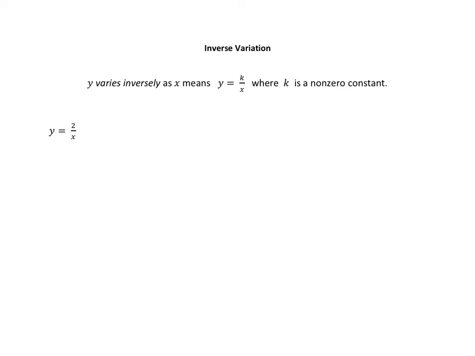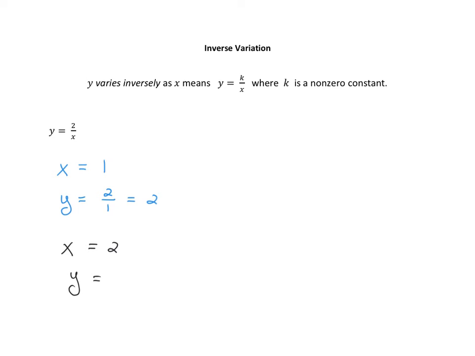So if you want to investigate what's going on, again, you could put in some numbers. Like, if x is equal to 1, can I solve for the value of y? Well, clearly the answer is yes. You would just take 2, the constant, and divide by 1, and you get 2. All right, that's great. But if you then increase the x value to 2, what happens to the y value?